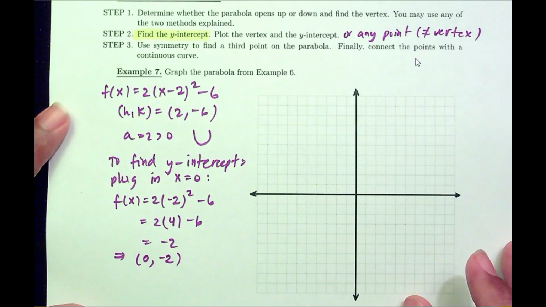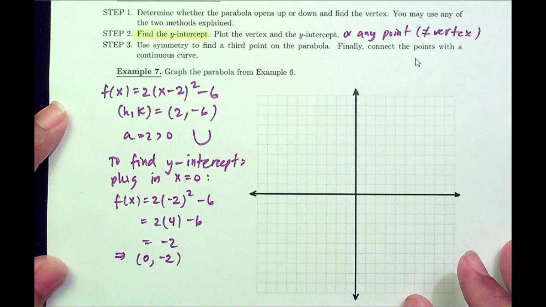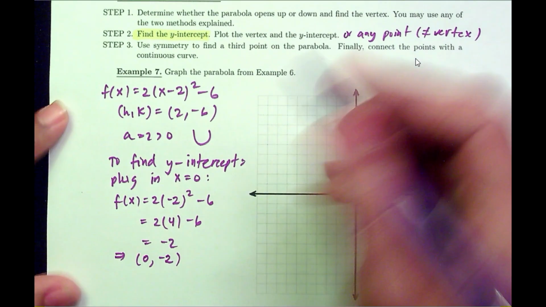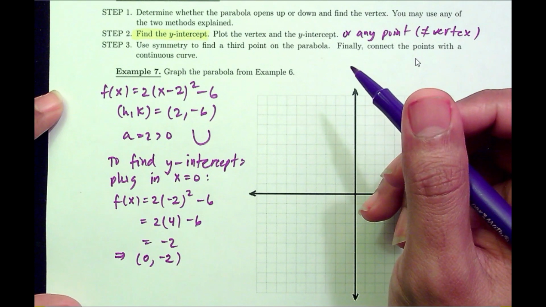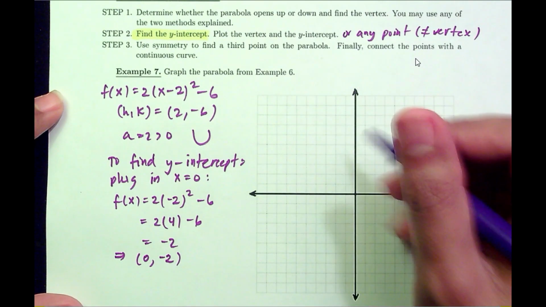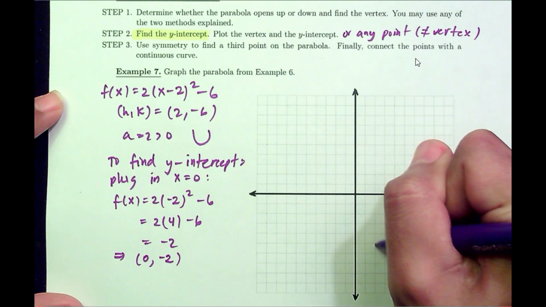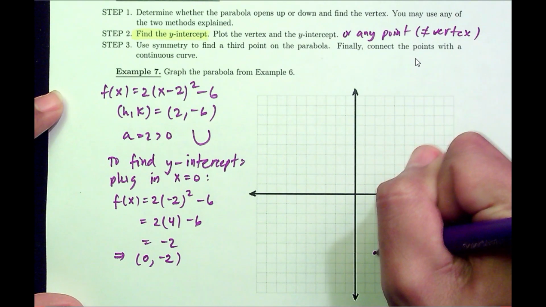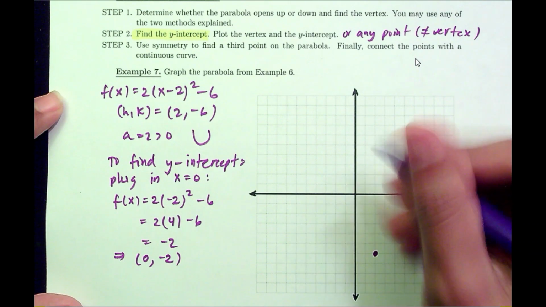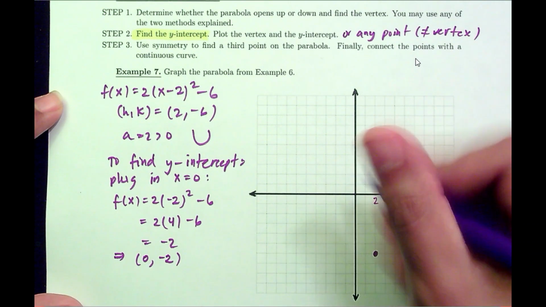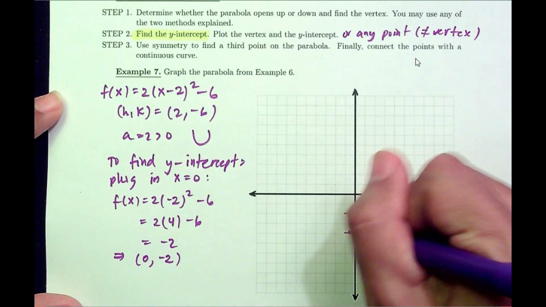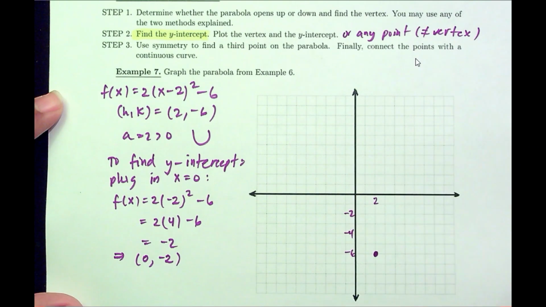Okay, and now we're ready. That's basically it. Let's sketch this. So the vertex is (2, -6). 2, and then 1, 2, 3, 4, 5, 6. Right there. This is -2, -4, -6.